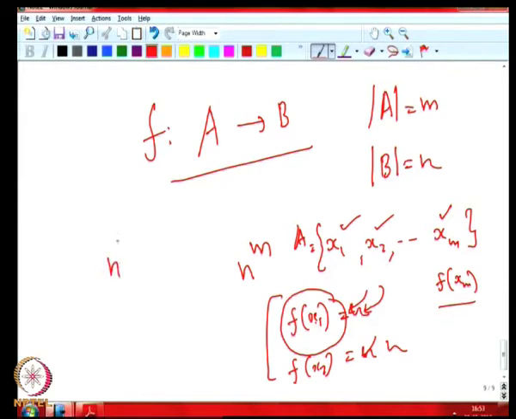So n to the power m is the total number of functions.